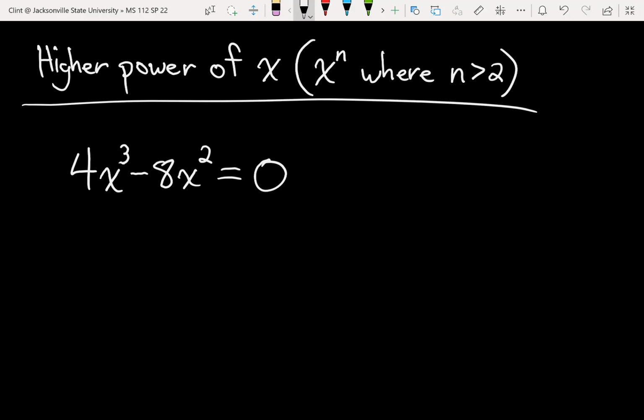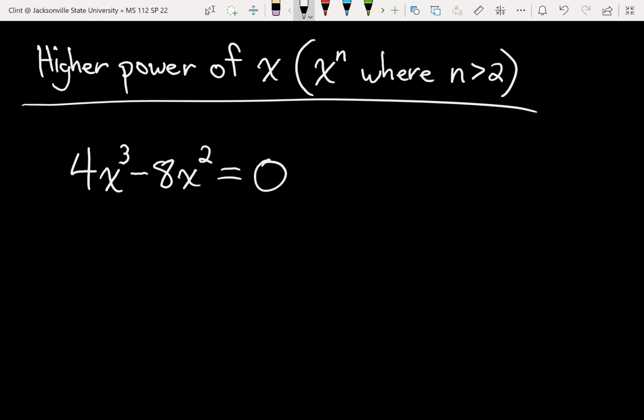When we start dealing with bigger powers of x, our options become really limited on what techniques we can use to try to solve these. For an exponent of 3, there is actually a general solution like there is for quadratics.